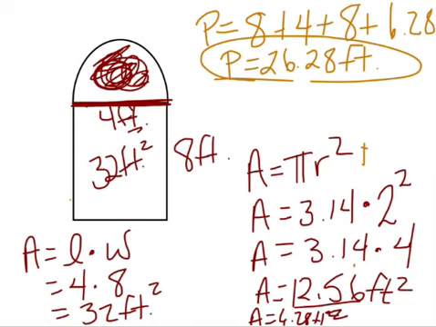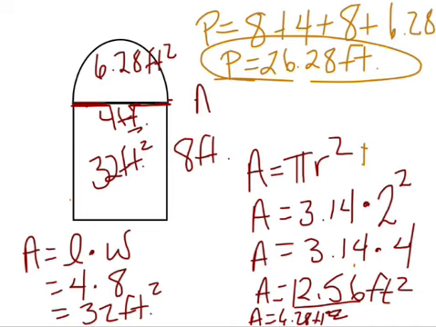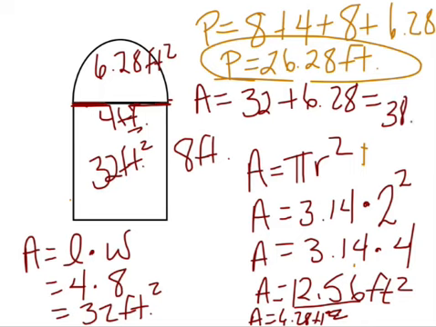So if this part up here is 6.28 feet squared, then to find the area of the whole thing, I'm going to add my 32 plus my 6.28. Plugging that into your calculator, you're going to see that you get 38.28 feet squared.